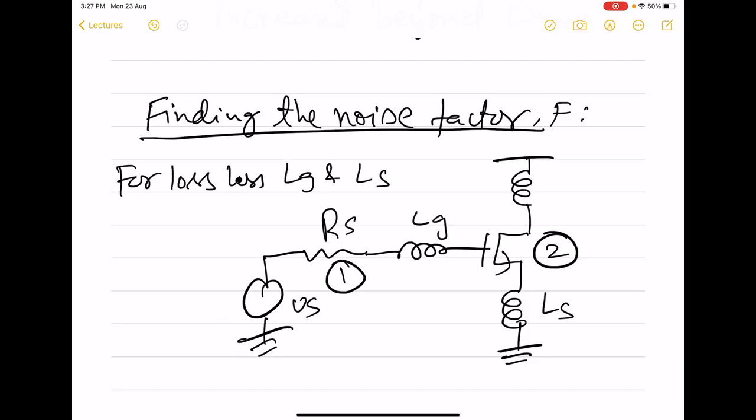But if you include their loss also by incorporating a resistor, then there will be two additional noise sources. To keep the thing simple, we will neglect them, but their effect can be analyzed by incorporating the corresponding resistors.